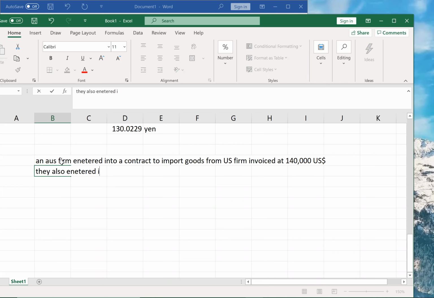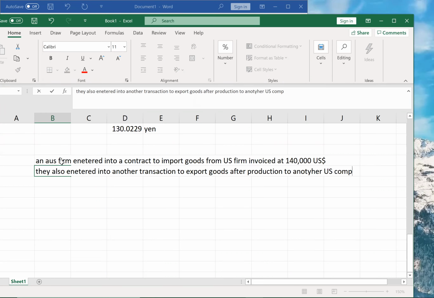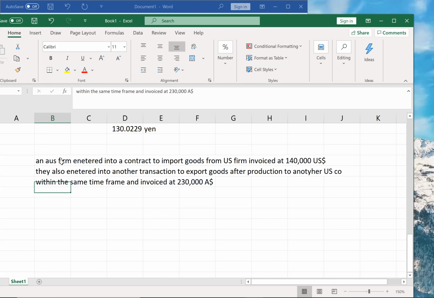They also entered into another transaction to export goods after production to another US company, in the same currency, within the same time frame, and invoiced at 2,30,000 Australian dollars.